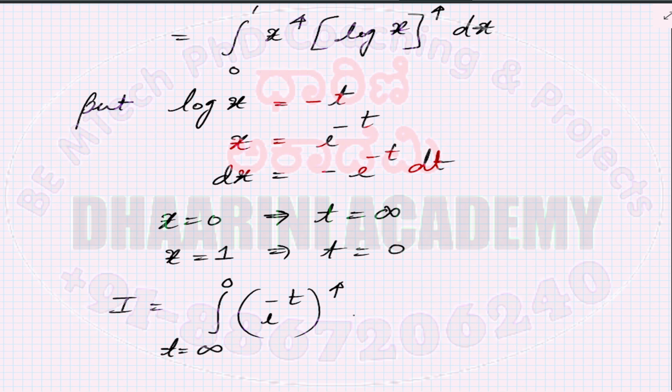We substituted log x as minus t, so minus t to the power 4, and we have dx, which is minus e to the power minus t dt.